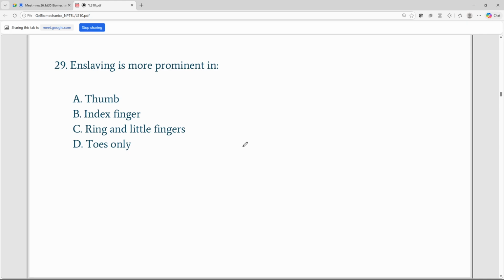Next question. Enslaving is more prominent in which among the following? Options are option A, thumb, option B, index finger, option C, ring and little finger, option D, toes only.